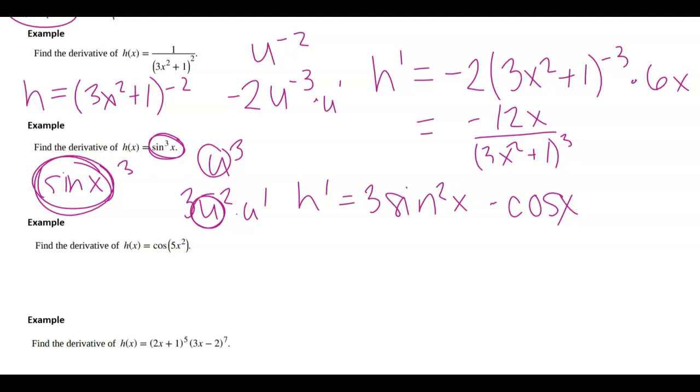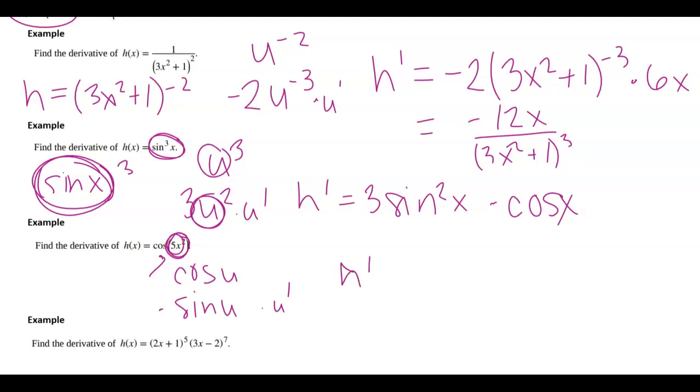Let's look at a little bit different variation here. Notice there's no exponent on the outside, so my inside function this time is 5x squared, and I'm looking at taking the derivative of cosine u. Well, that's negative sine u, and then I need to multiply by the derivative of the inside.